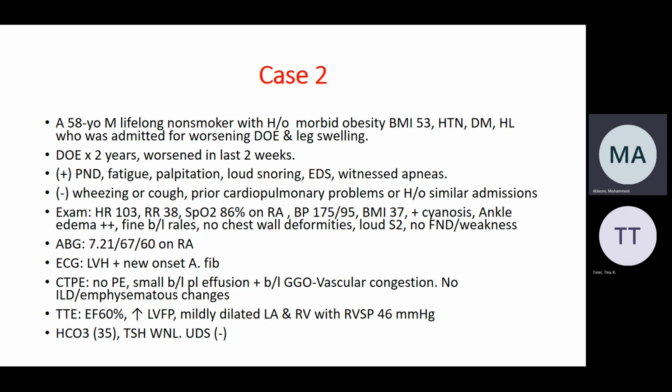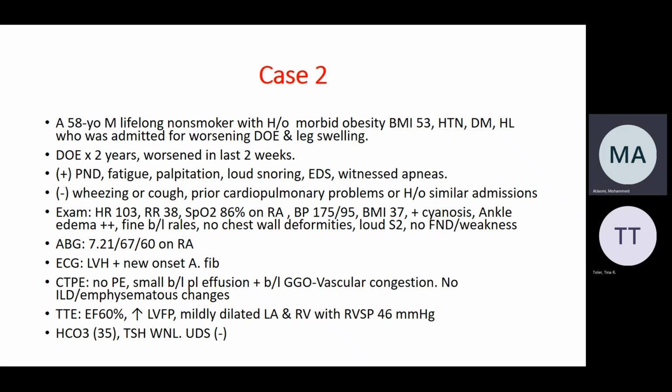There are some crepitations, no chest wall deformities. He has a Glasgow score of 15 with no focal neurological deficit or weakness. The initial ABG was 7.21, 67, and 60, on room air. ECG showed some new onset AFib, and he had some mild LVH.